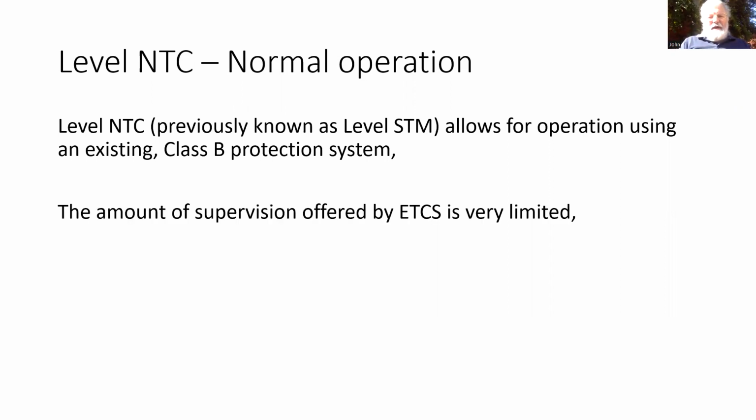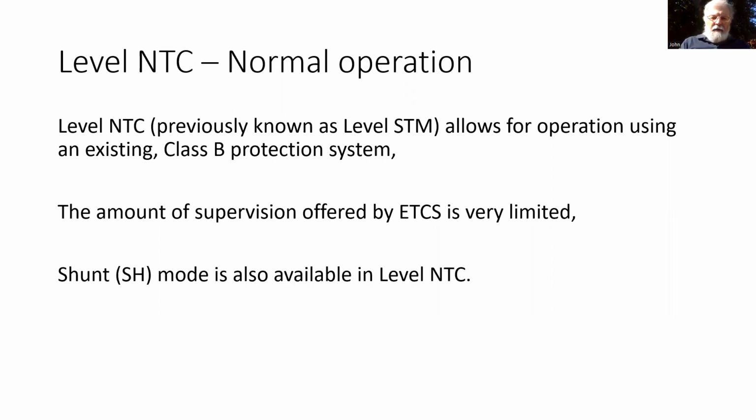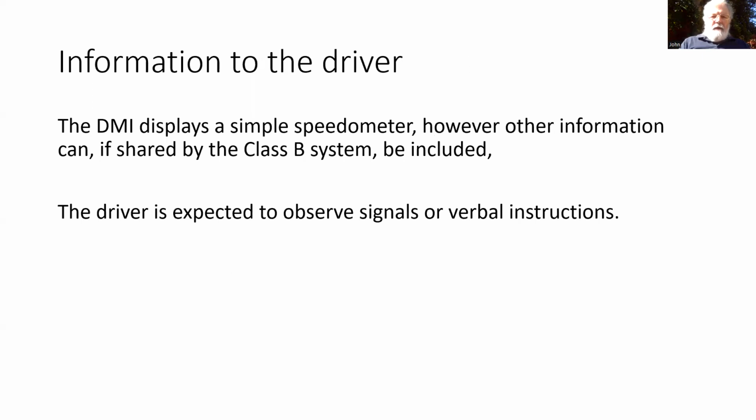In Level NTC, it is expected that the Class B system will provide most of the supervision, and ETCS does very little. We should note that in Level NTC, Shunt Mode SH is also available. So what does the driver get to see? Well, because the Class B system is in charge, the ETCS just displays a simple speedometer.